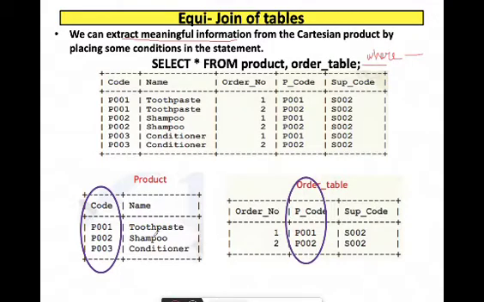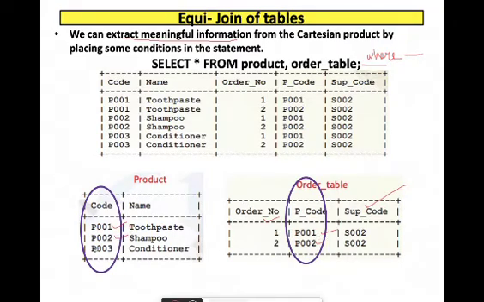If you want to join these two tables, and you want to know the supplier code or order number of this product, then what will you do? You will try to find this product code in this table. So here this product code is matching with this, and this product code is matching with this.